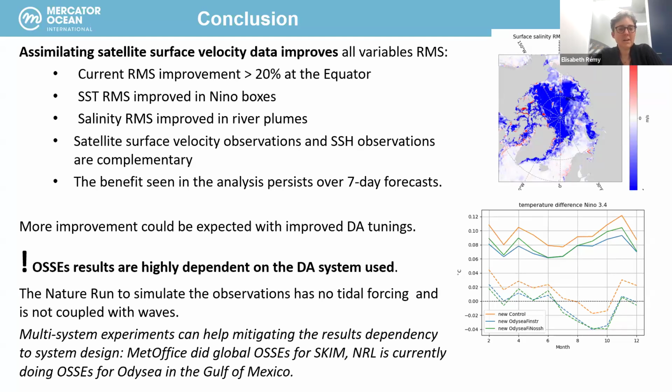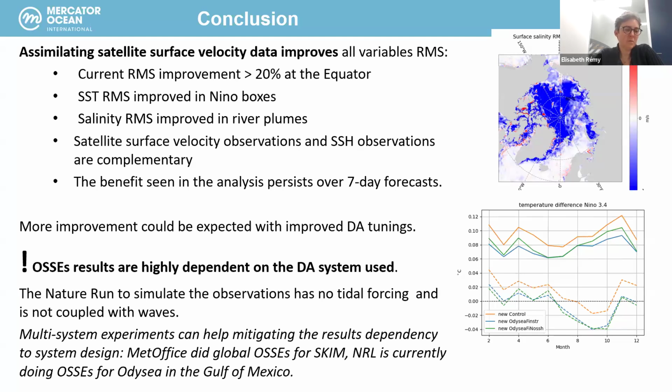The salinity is clearly strongly improved in the river plumes, thanks to a better advection, the currents in those regions. And the satellite surface velocity observation and SSS observations are clearly complementary. And we also see that the benefit we have for the analysis persists over 7-day forecasts.